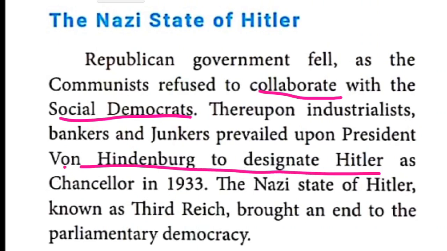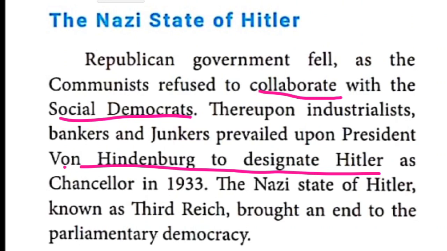He had to declare Hitler as Chancellor. Industrialists, bankers, junkers, everybody forced the German President von Hindenburg to declare Hitler as Chancellor of Germany in the year 1933.